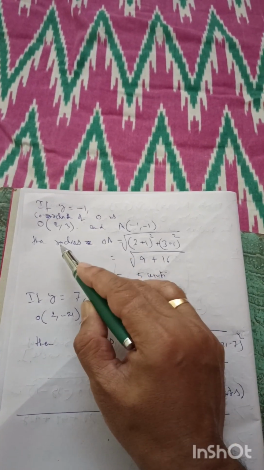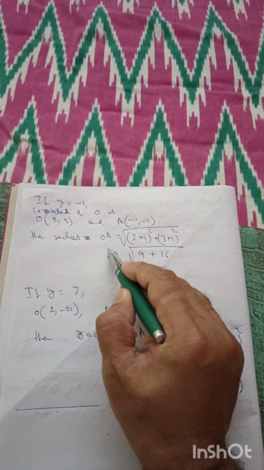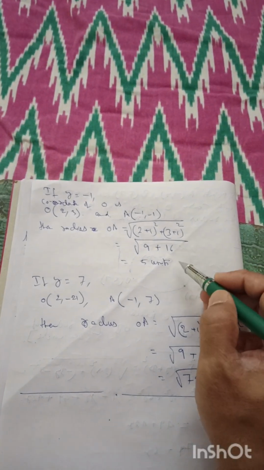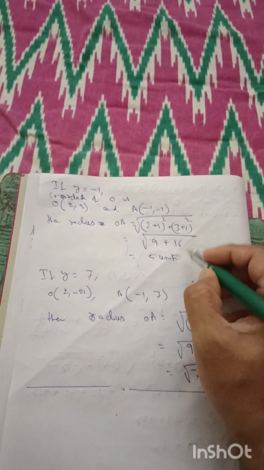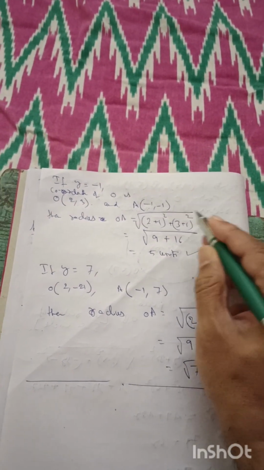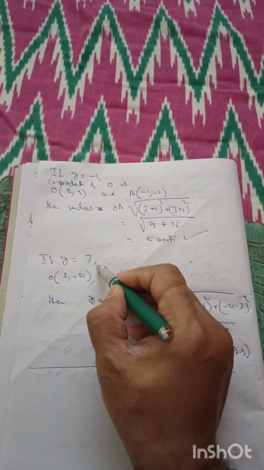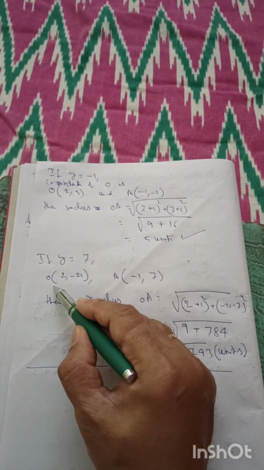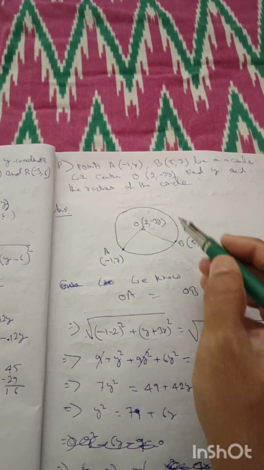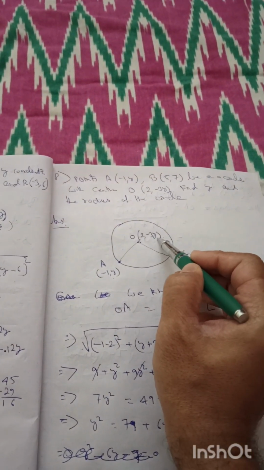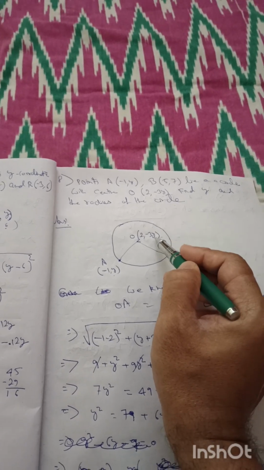Now, we find the radius OA. We simply apply the distance formula and we get the answer as 5 units. Now, the second case, if y is 7, then the coordinates of O are, see here, we are simply putting the value of y as 7.